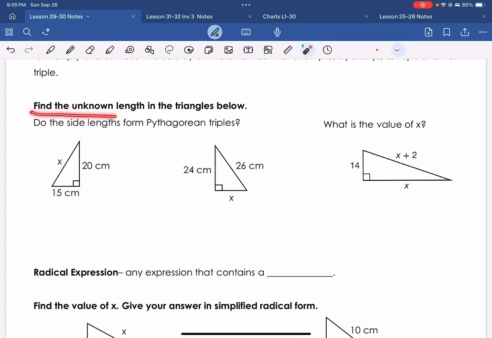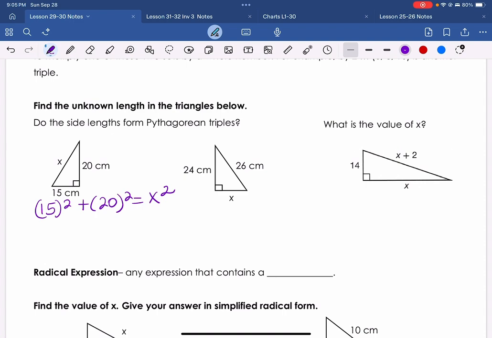So the directions here say find the unknown length in the triangles below. Do the side lengths form Pythagorean triples? So there's going to be a yes or no question. So I noticed that they give me A and B, right? And they have here C. So I'm going to write 15 squared plus 20 squared equals, in this case, x squared, because that's what they labeled the hypotenuse to be.